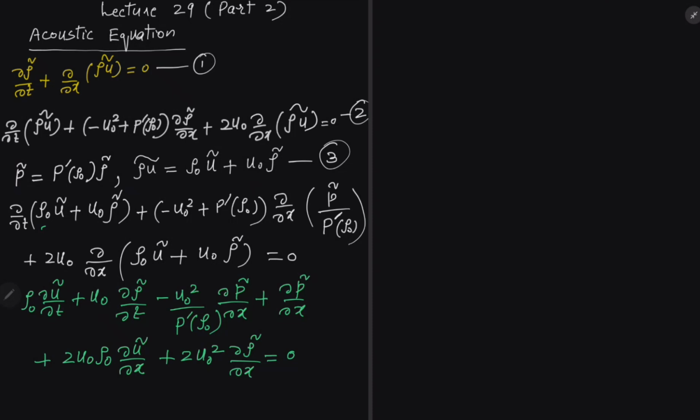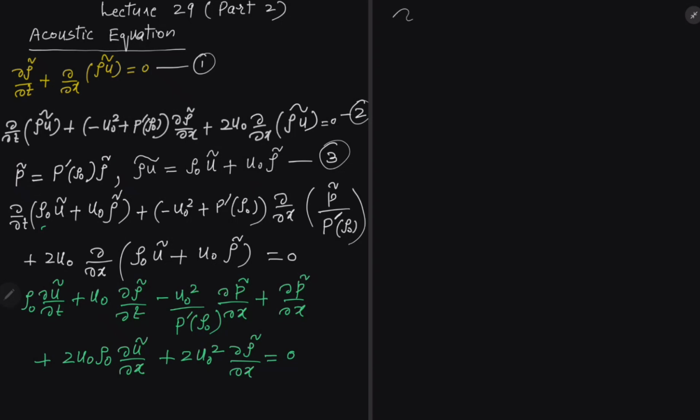Now what we do, the next thing I can see is that I can put the value of rho tilde over here from this equation.